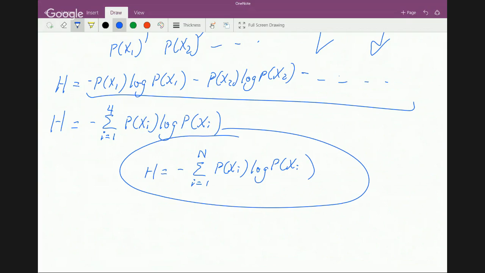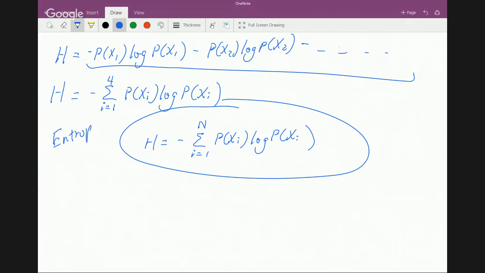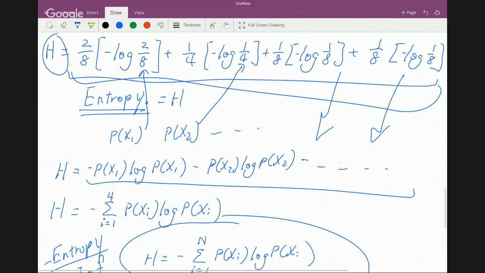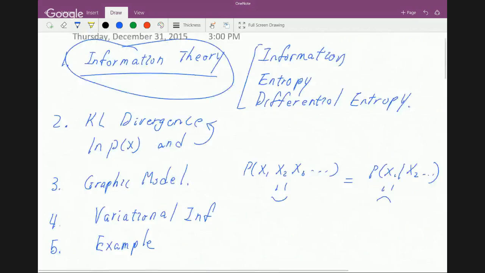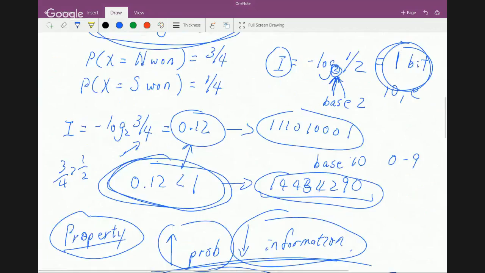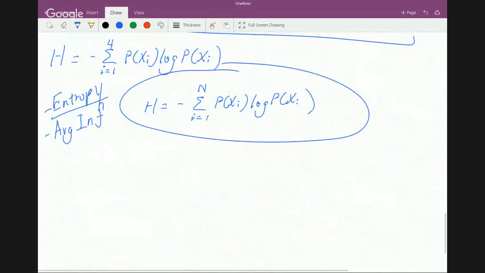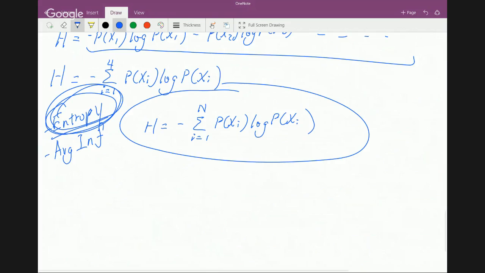And this right here is called entropy, also known as average information. So we have gone through now the idea of information, and then we average the information together, which for every single event, turns into this thing called entropy. So that's what we have.